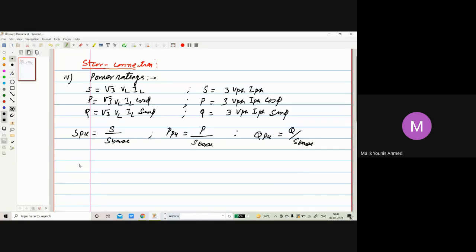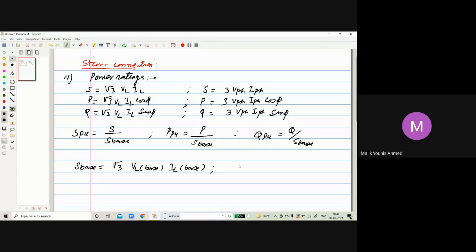Now S base, in terms of line values, can be written as root 3 VL base IL base. Whatever relations exist in the real values, the absolute quantities, the same will exist in the per unit quantities, as I already told you.